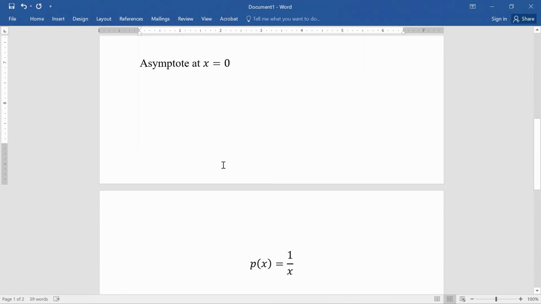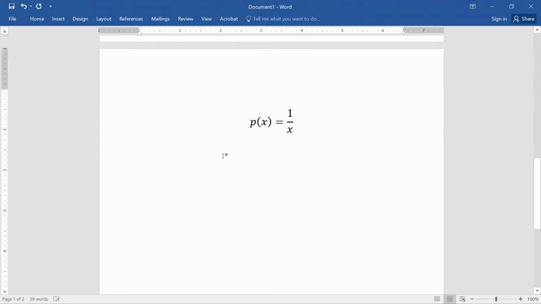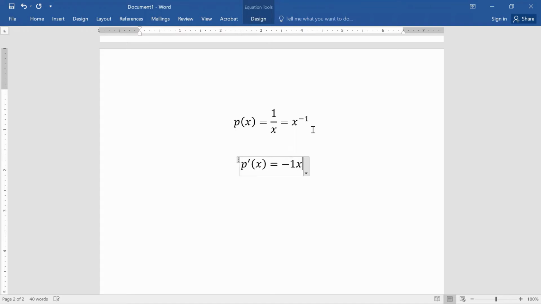You can imagine what's going to happen here. With p of x equals x to the negative 1 power, we can take a derivative. P prime of x is equal to negative 1 x to the minus 2 power, or said differently, negative 1 over x squared.